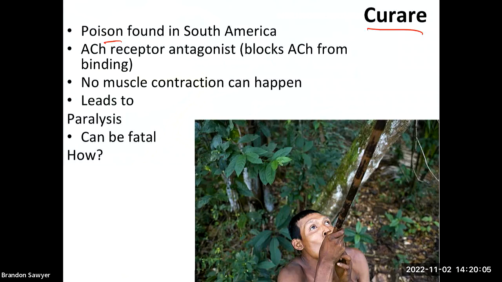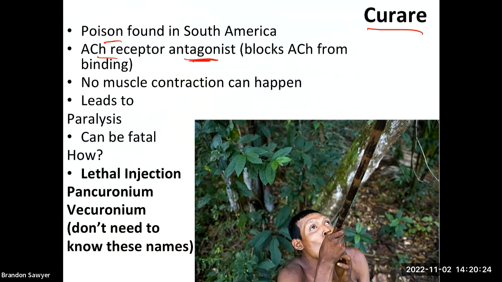So it's an acetylcholine receptor antagonist. Different than an agonist, right? An agonist does the same thing that acetylcholine does. This one does the opposite. It binds to the receptor, but it gets in the way of acetylcholine actually binding to it, and it doesn't actually open up the ion channels like acetylcholine does. So you just can't have muscle contraction.